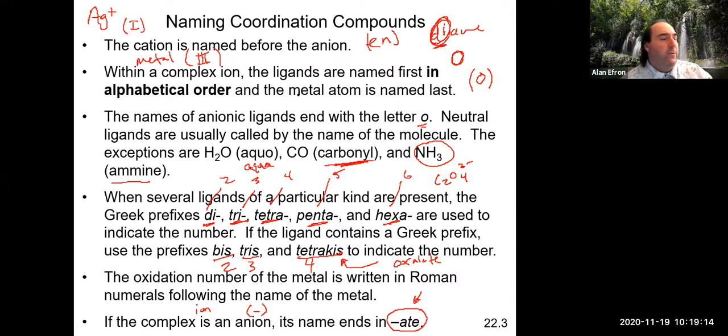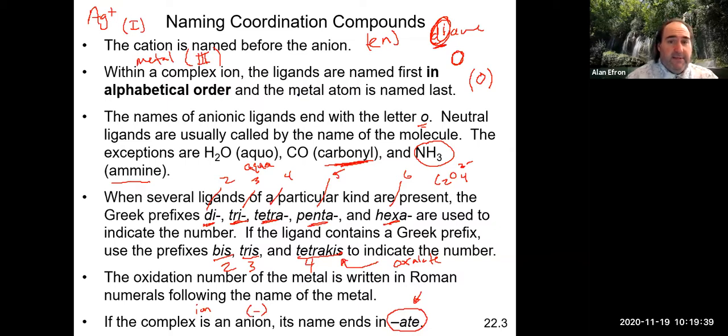That older way of naming the metals with ate at the end is how we name metals in coordination compounds. And again, that is only the case where the complex ion part is actually negative. So that's a lot of funky things going on here in terms of these namings.